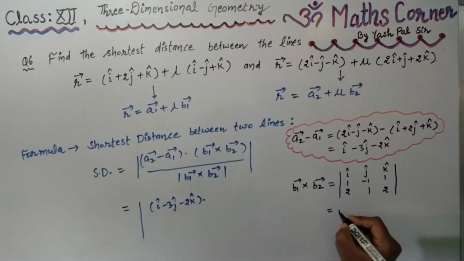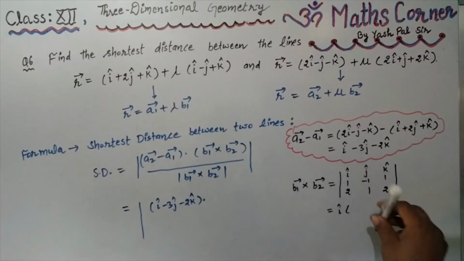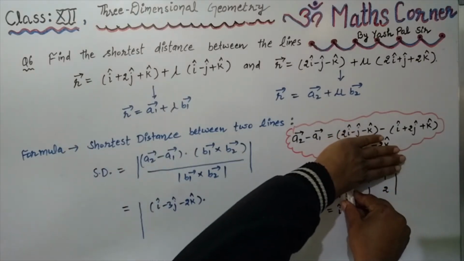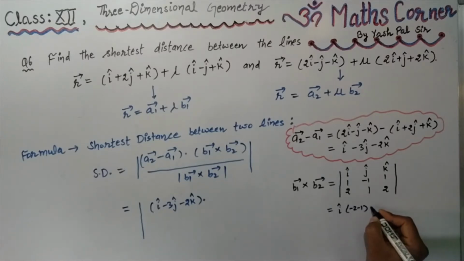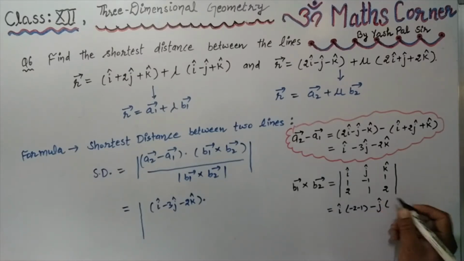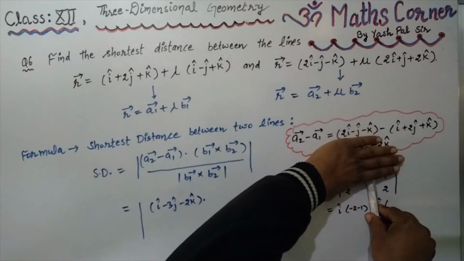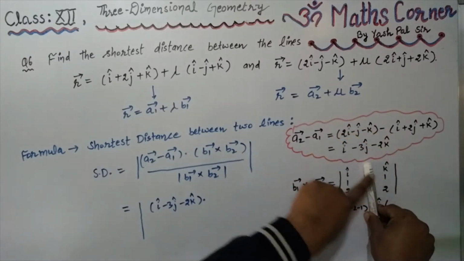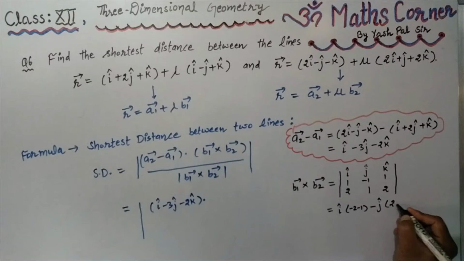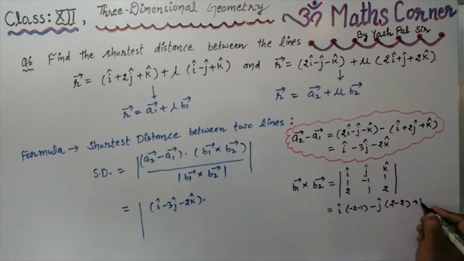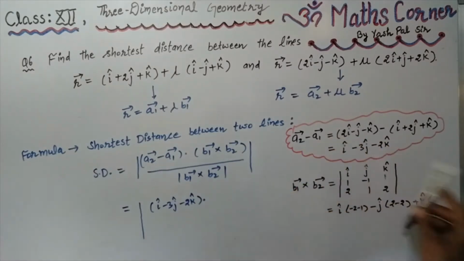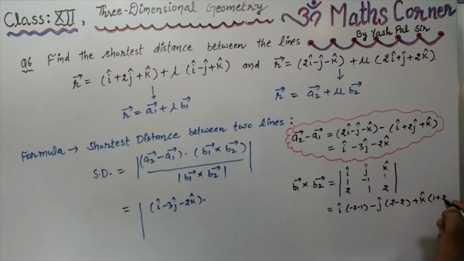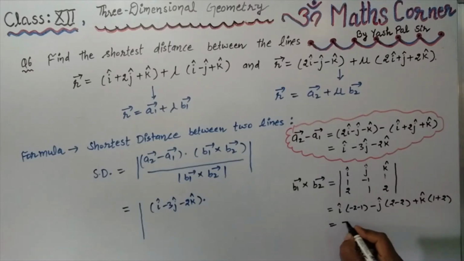The determinant of this is equal to i into, eliminating the corresponding row and column, (minus 2 minus 1), minus 2 minus 1. Next is minus j into, corresponding row and column removed, (1 into 2 minus 2 into 1), 2 minus 2. Plus k into, corresponding to k row and column removed, 1 plus 2, 1 plus 2.